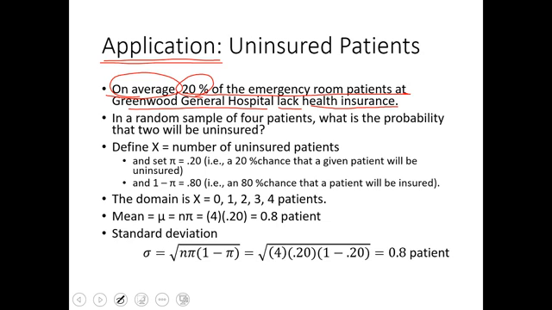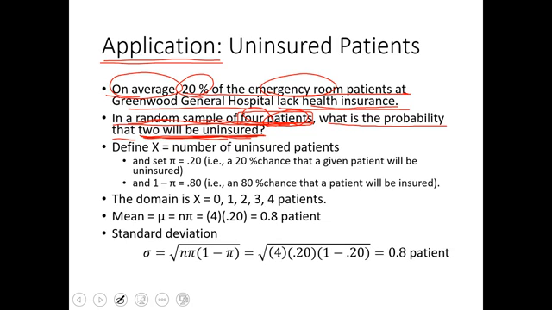In a random sample of 4 patients in the emergency room, what is the probability that 2 will be uninsured?